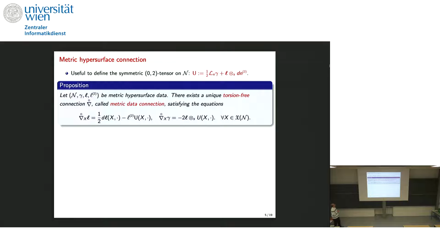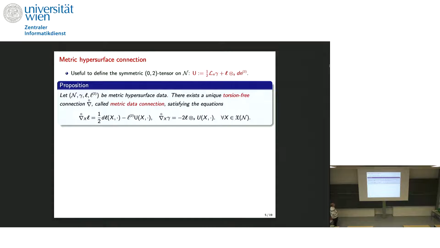And this connection is defined as follows. Out of the data, so out of gamma, L, and N squared, you construct another symmetric 0 2 tensor U. In the null case where this term vanishes, it's just the Lie derivative of gamma along N. So it's just something that you construct by taking the derivative of gamma.